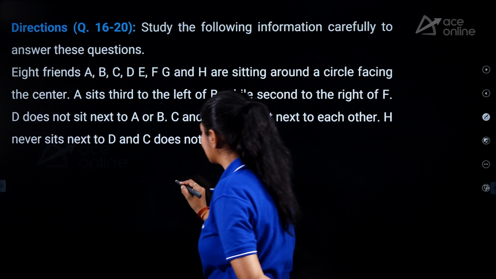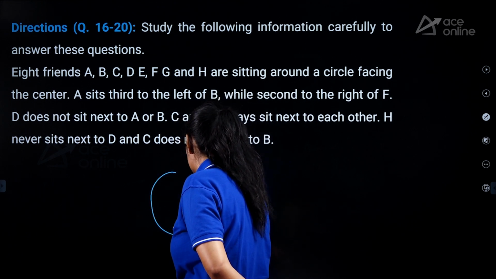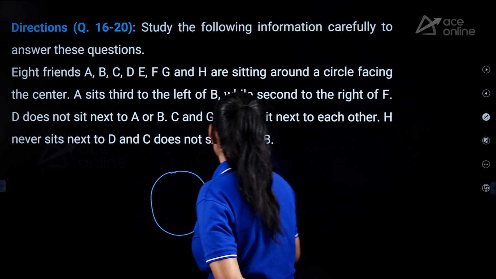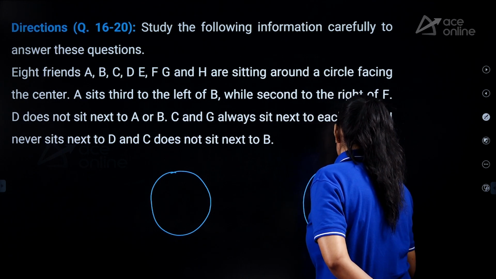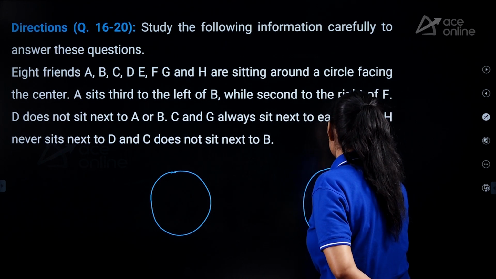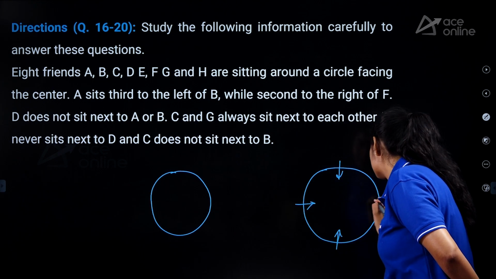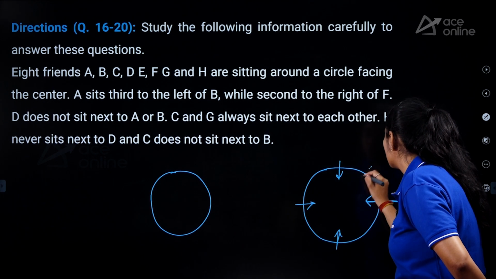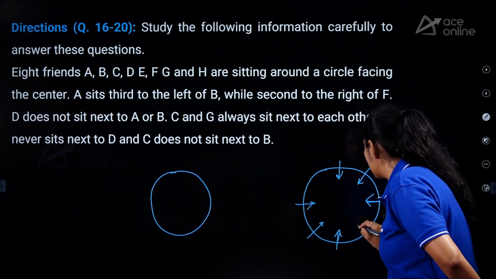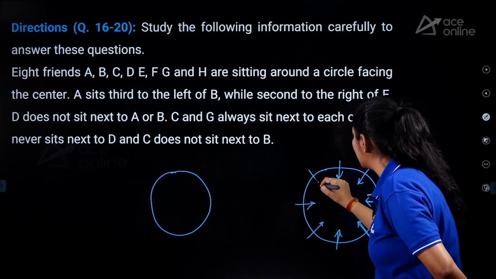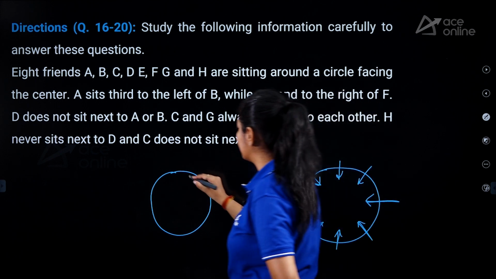So from the start as well, I am just going to draw these two arrangements. As 8 persons are given, if the number of persons is even, then they are sitting in pairs exactly opposite to each other.